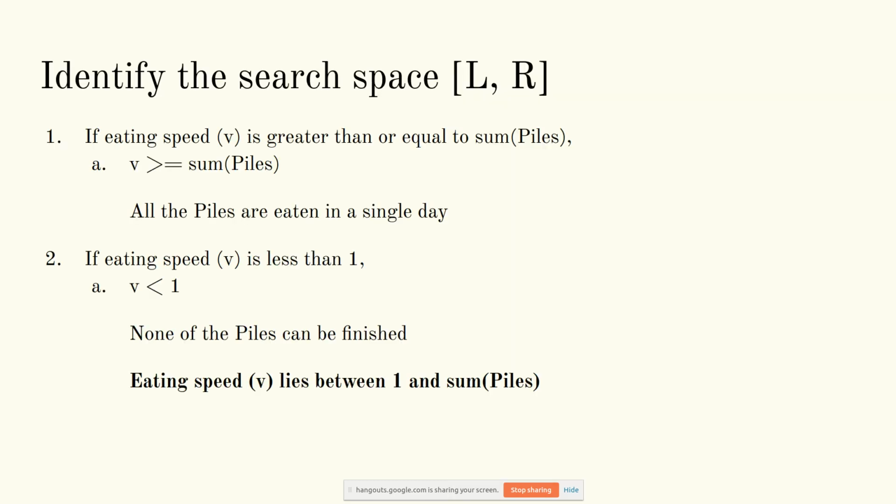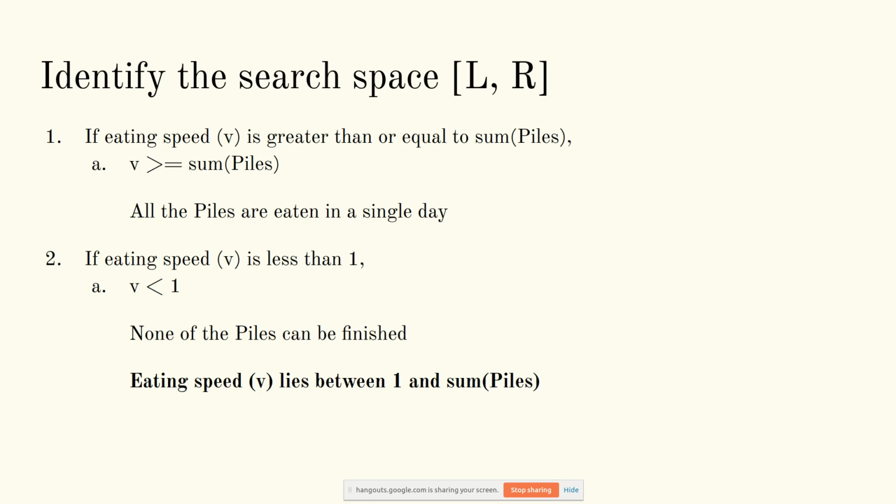So the first step is identification of the search space. We will look at two extremes. The first extreme is that all the piles are eaten in a single hour. This happens when our eating speed is greater than or equal to the sum of piles.